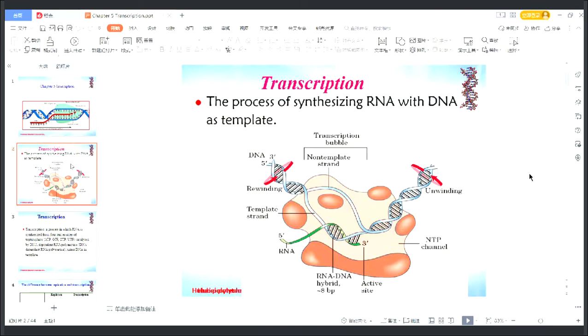Here, maybe similar to replication. In replication also, several kinds of enzymes take part in and make the DNA double helix structure relax. And furthermore, the molecule can form the single strand.